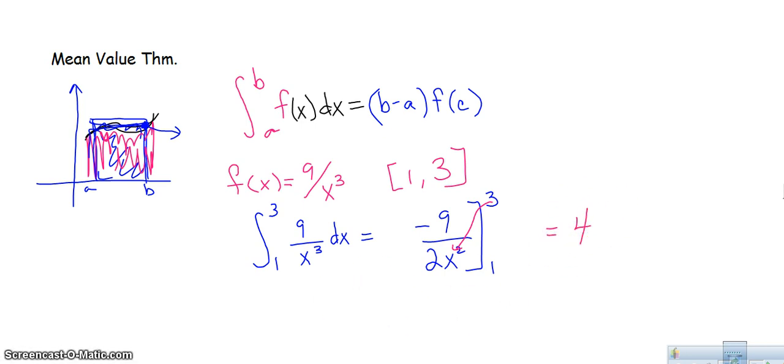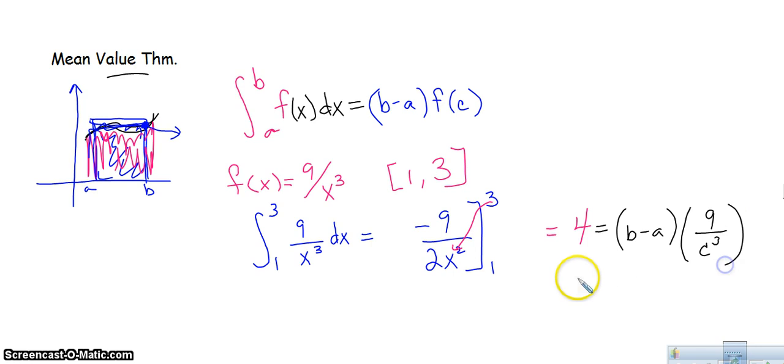So what I'm going to do is show you that the mean value theorem has to hold true. That 4 has to equal b minus a times the function evaluated at some c. So I'm just going to use c cubed here. So 4 equals b minus a, so 3 minus 1, times my function at some number c.